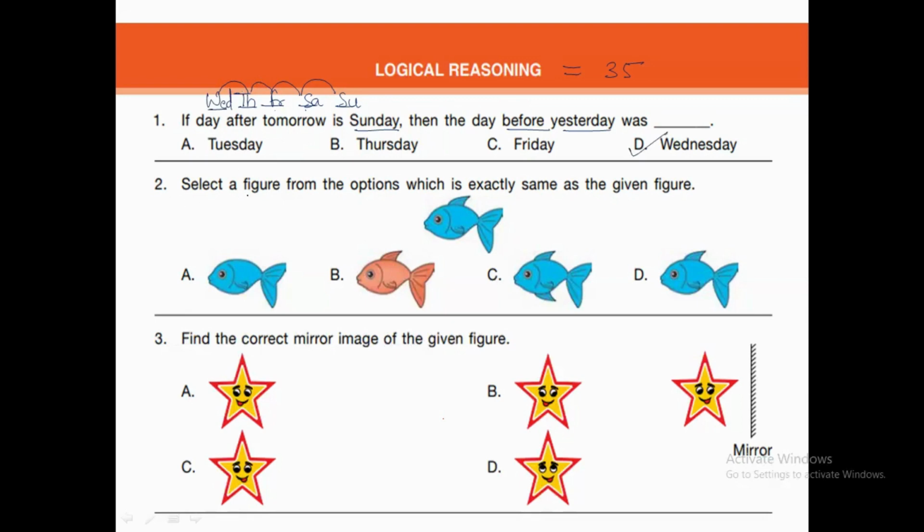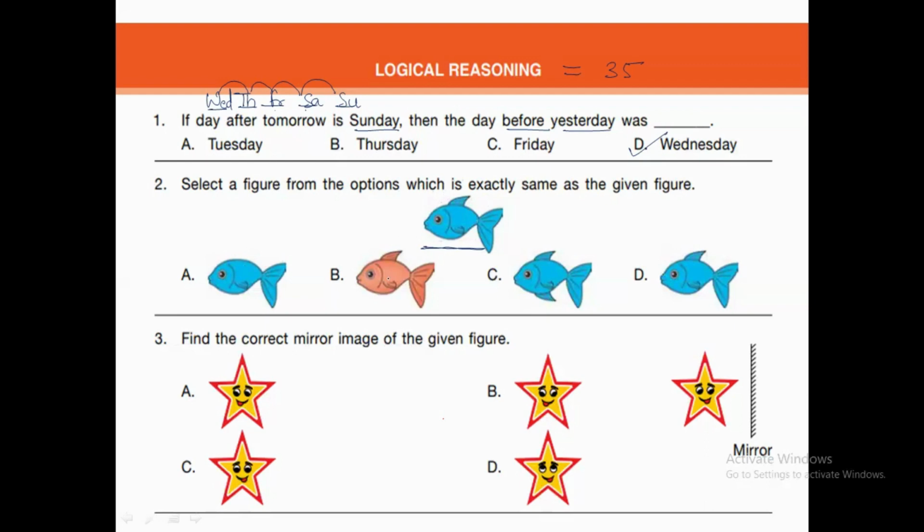The second question that we have is, you need to select the figure from the options which is exactly the same as the given figure, like this. From the options we need to find which fish looks like this fish. If we go through option A, this fish has no wings at all. This fish has one wing, but this fish has no wings at all.